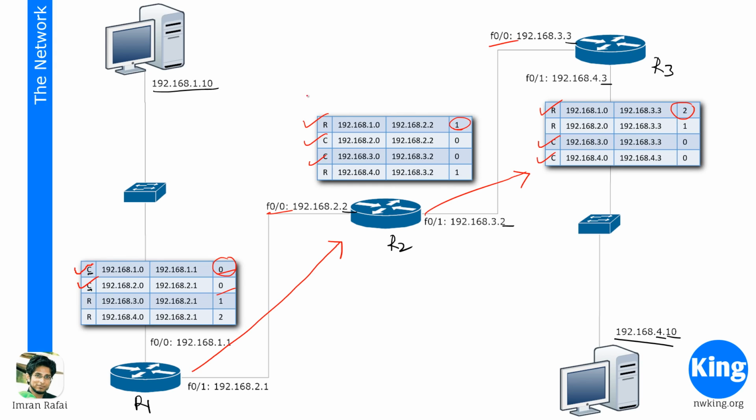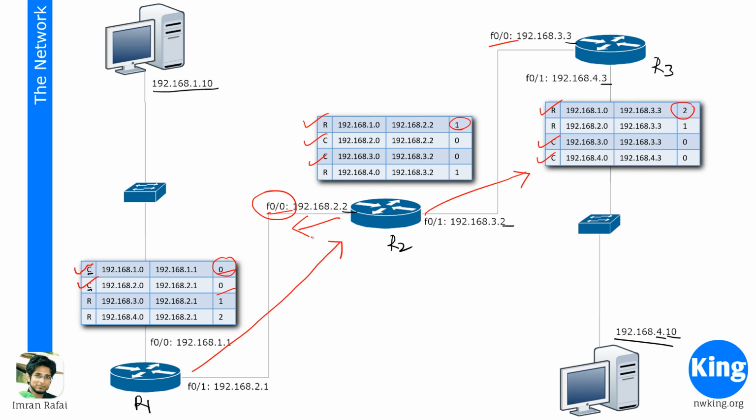It learned it on F0/0. That means when router 2 sends out updates to router 1, it will definitely not send out updates about 192.168.1.0 on F0/0. It will only send 3.0 and 4.0, because 2.0 also it will not send, since 2.0 was also learned from F0/0, because it is connected to that network on F0/0.